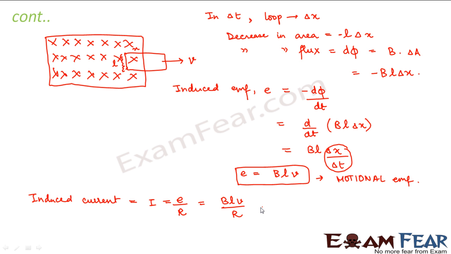Now if this loop, instead of coming out of the magnetic field, is entering the magnetic field, the direction of the velocity will be opposite. In that case also current will get induced, and your induced EMF will be given by the same expression, just that the direction of the induced current will become opposite.